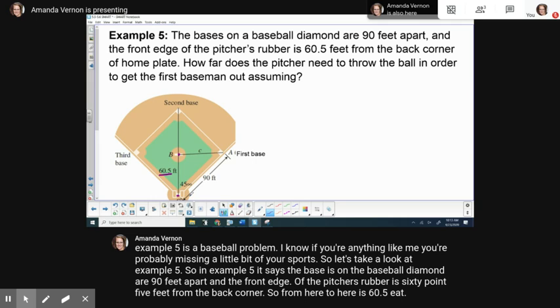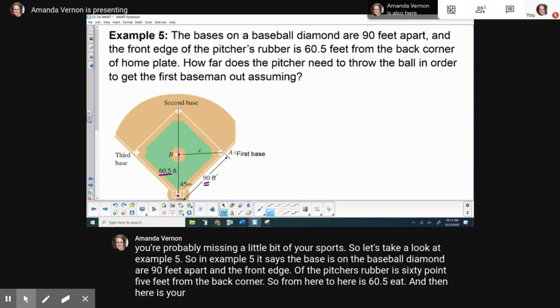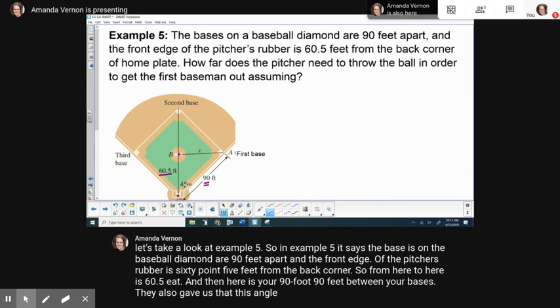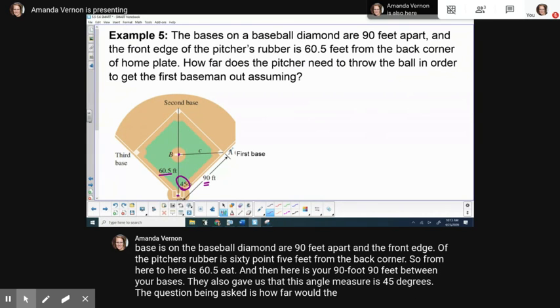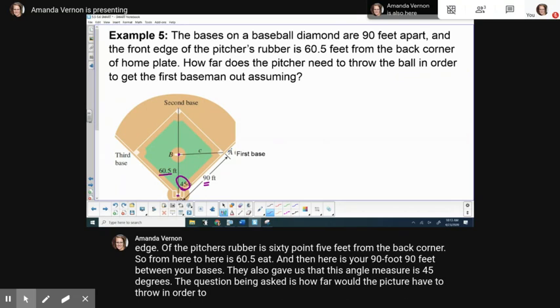And then here is your 90 feet between your bases. They also gave us that this angle measure is 45 degrees. The question being asked is how far would the pitcher have to throw in order to get an out at first base? So they want us to find measure C.